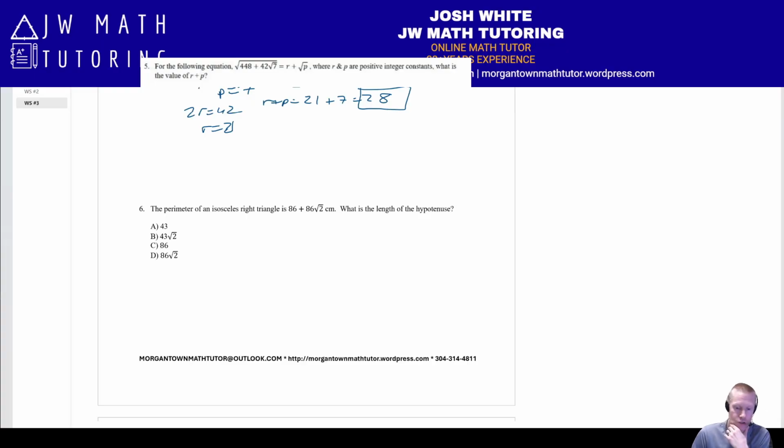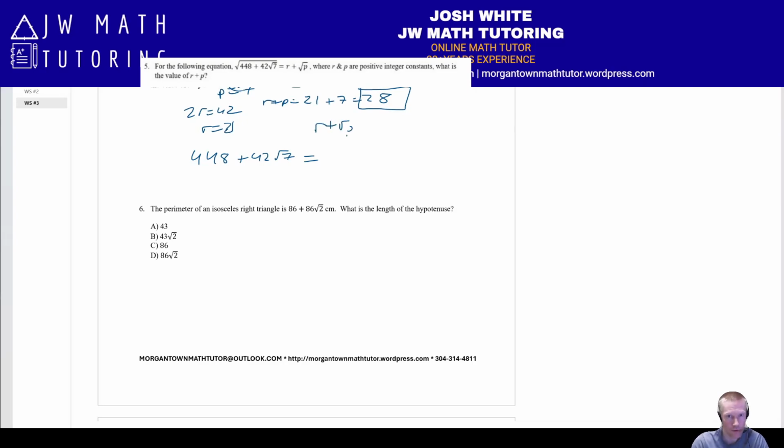Now, to show you why it works out like that. Basically what happens is you square both sides of this equation. If you square the left side, well, then you just have the 448 plus the 42 root 7, again, squared. On the right side, you have to FOIL it out, right?